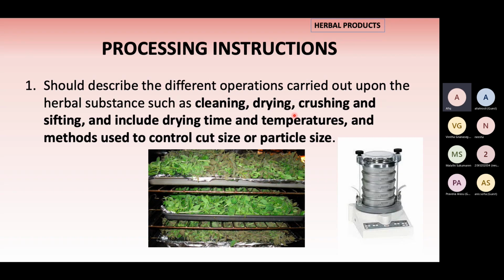So it includes cleaning, drying, crushing, and sifting, and also includes the drying time and what the temperatures and methods are that are being used to control cut size or particle size. So these all have to be detailed out, okay?